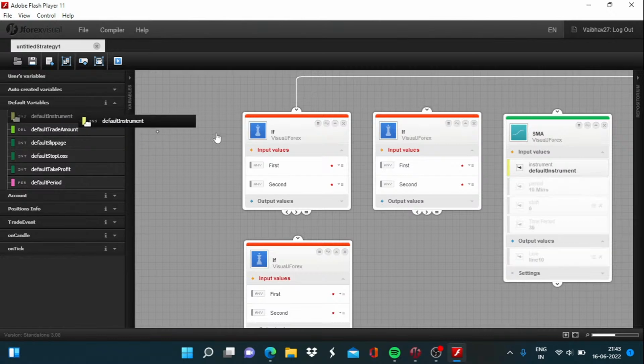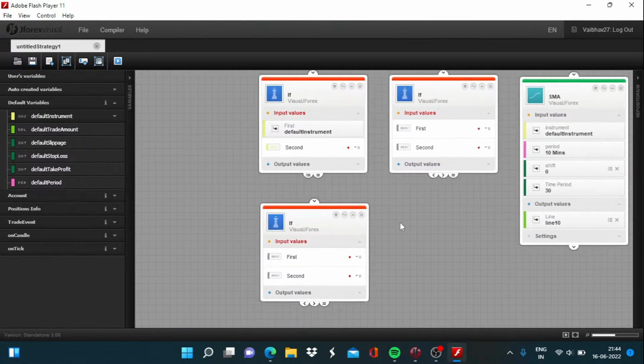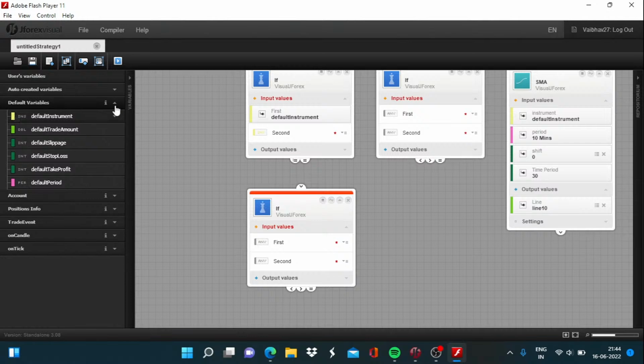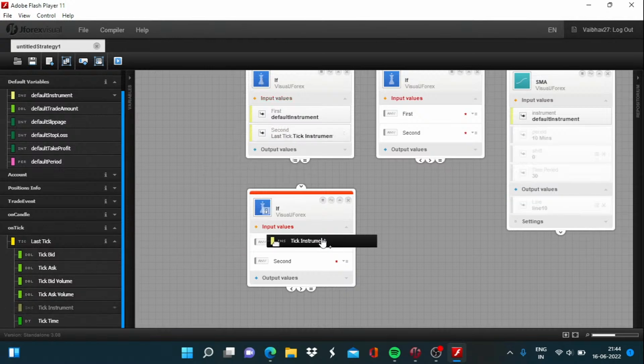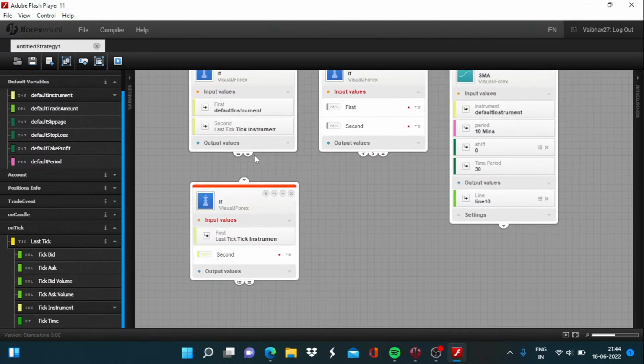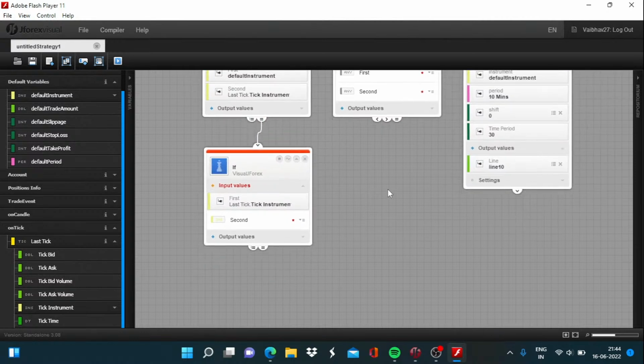Default variable, default instrument will be matched with the tick instrument, and tick instrument will be matched with the instrument of choice.